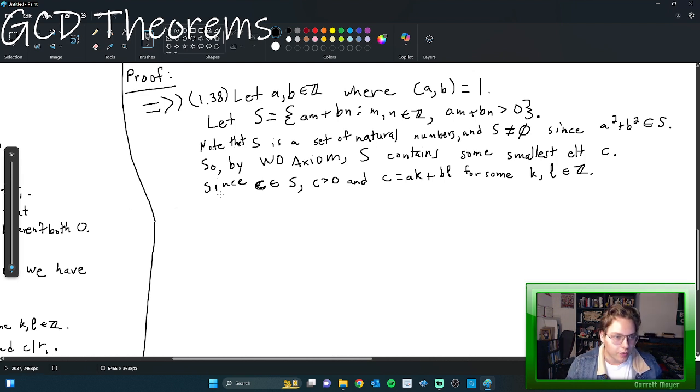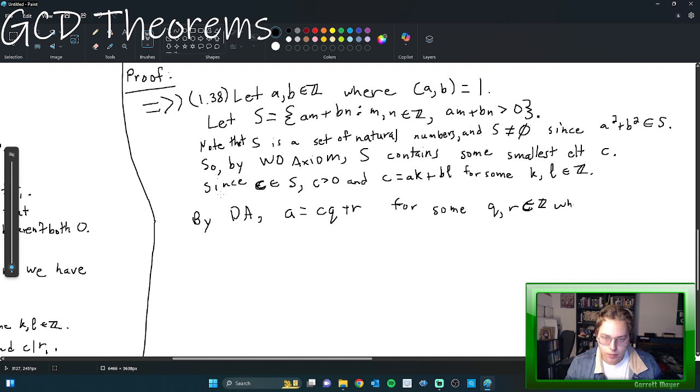Now, by the division algorithm, a equals cq plus r for some q, r that are integers, where 0 is less than or equal to r is less than c.